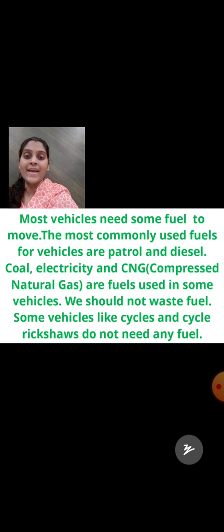As I already explained to you in our previous class, kids, cycle and cycle rickshaw don't need any kind of fuel. But to run other vehicles like bus, train, rickshaw, car, bikes, scooties, you need some fuel.